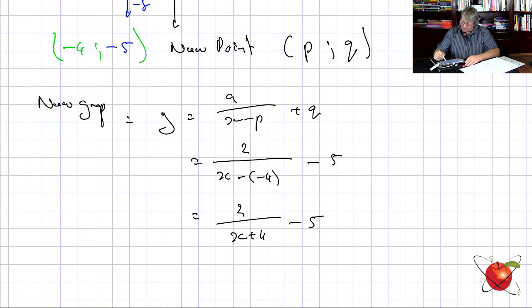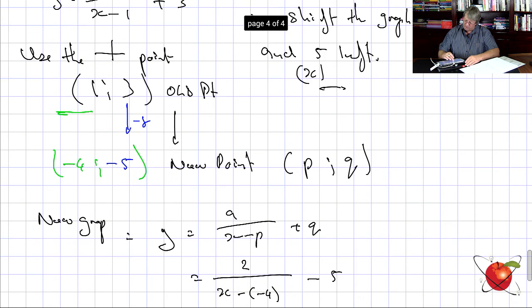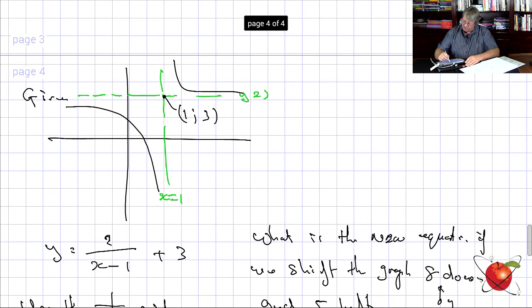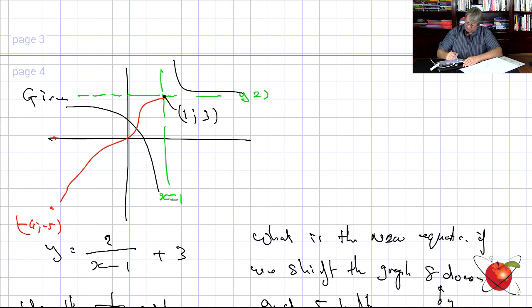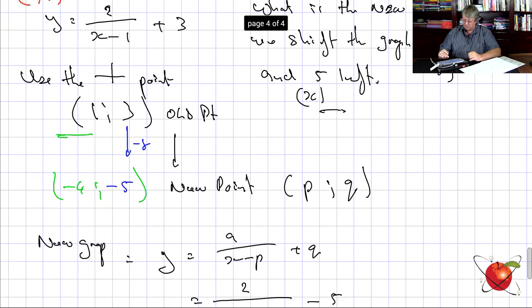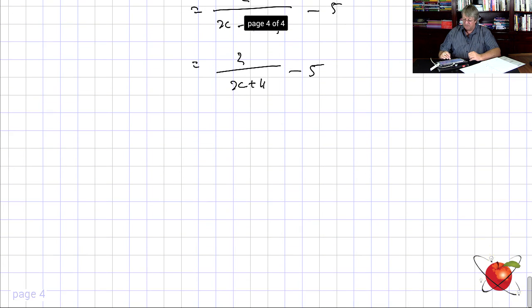That's where I have shifted it to. I have shifted this graph, red, to minus 4 and minus 5. And the whole graph has gone with it. As simple as it seems, that is all we have done.